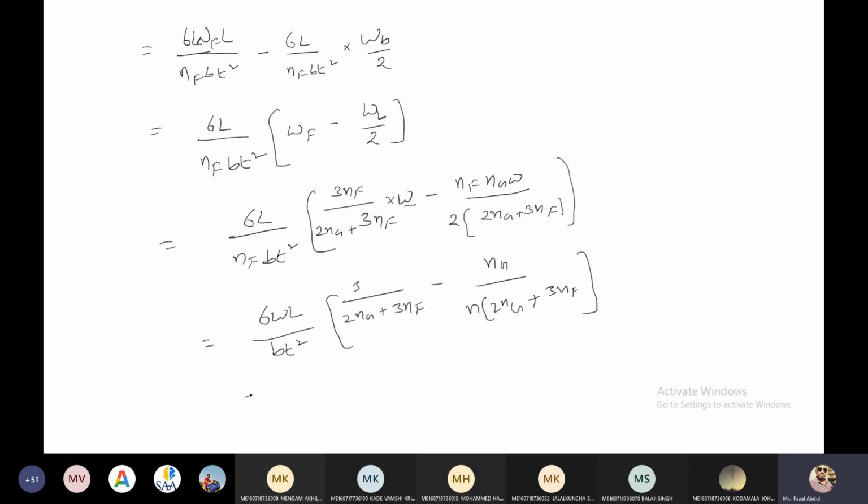So again simplify this one. 6WL by BT square, so what is this? 3NG minus 3N minus NG, by N into NG, 2NG plus 3NF.